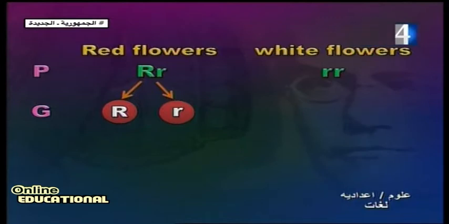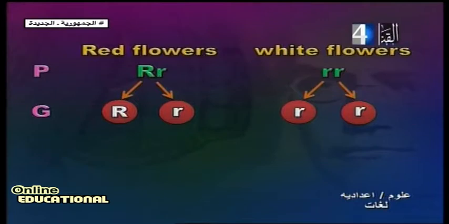Again, red flower as a female, so capital R or small r as a gamete in meiosis division, as female ovum. White flower, if we consider that it is a male plant, so formation of gametes are small r and small r as pollen grains.